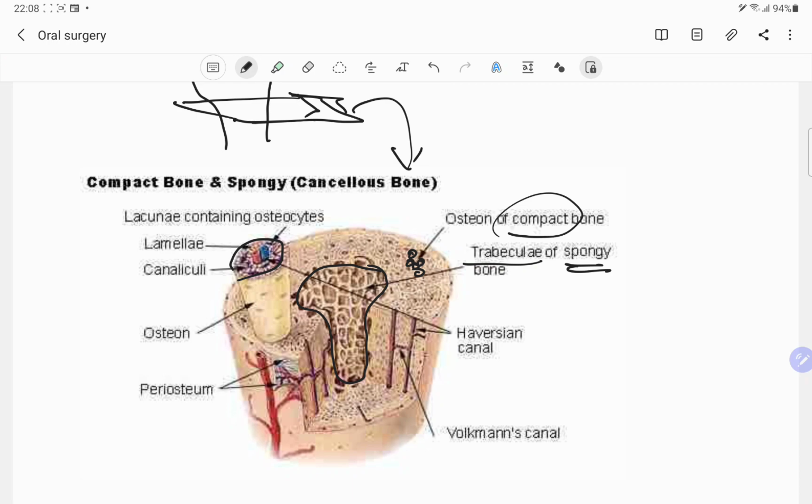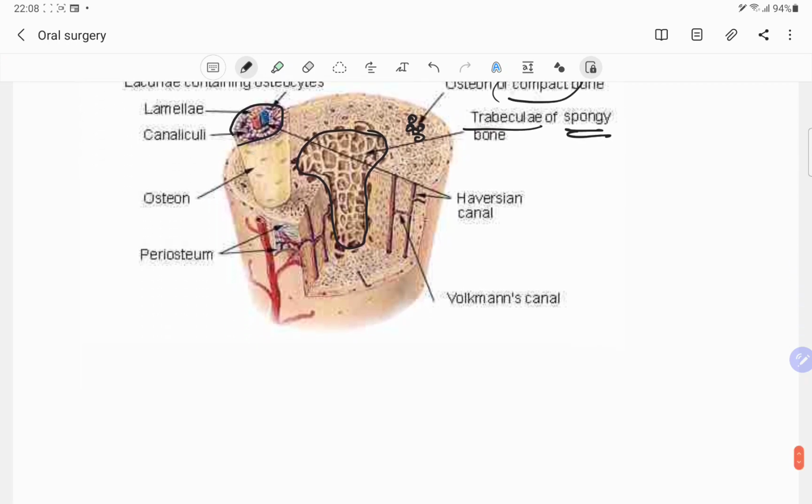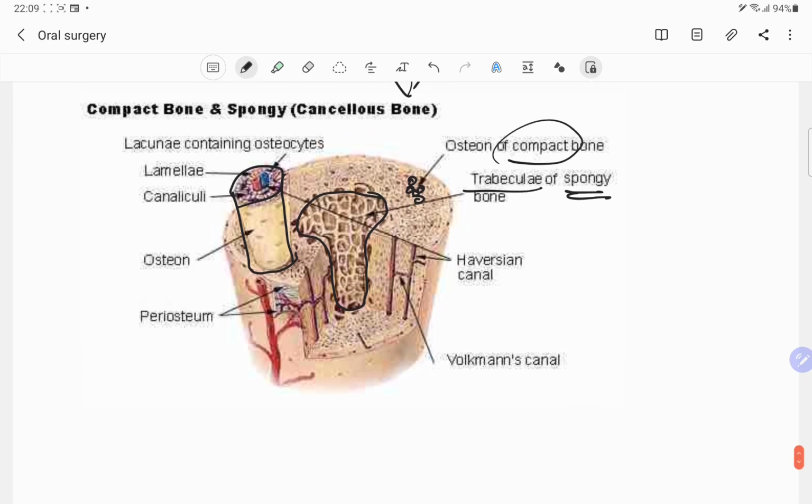Compact bone is made up of a unit known as the osteon. If we take out one osteon, this one unit is what we call the osteon or the Haversian system.